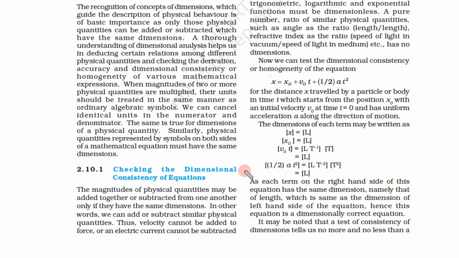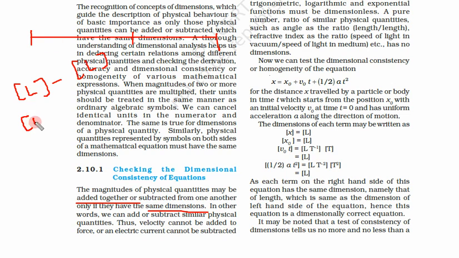Now, how do we check the consistency of an equation with dimensional analysis? The magnitudes of physical quantities may be added together or subtracted from one another only if they have the same dimensions. This we have learned. Length can only be subtracted from length. Suppose we have a long rope, we can cut rope from rope.